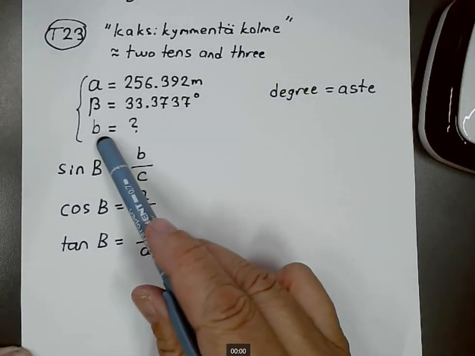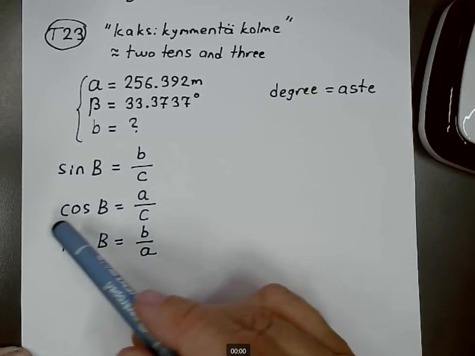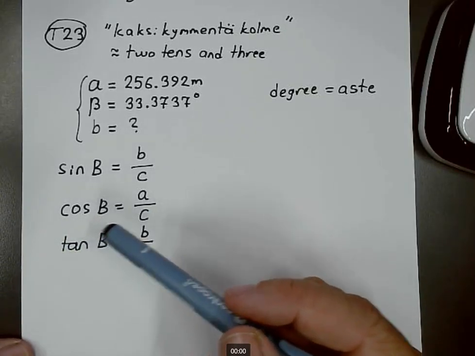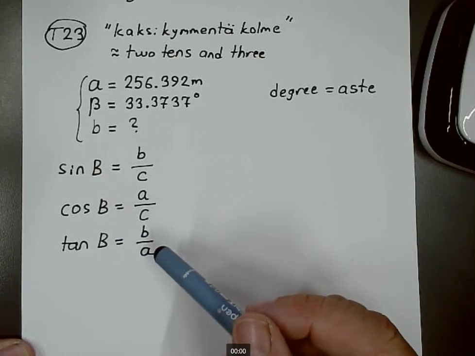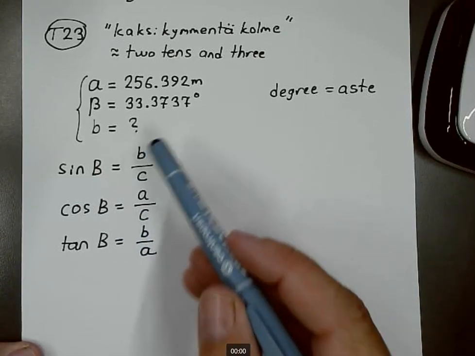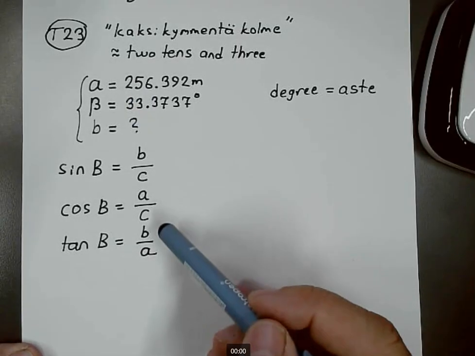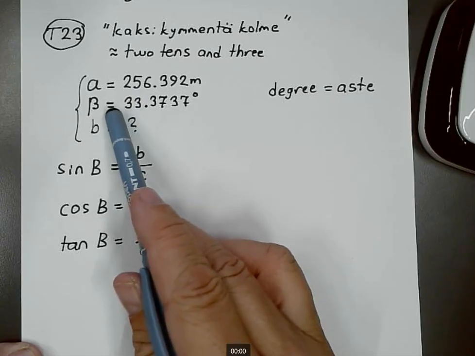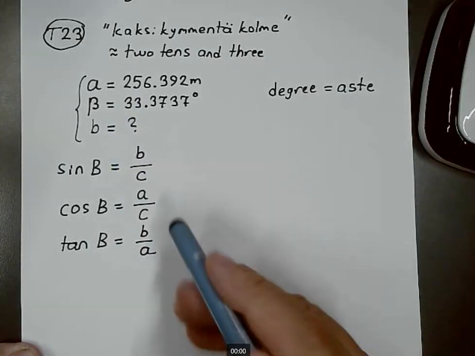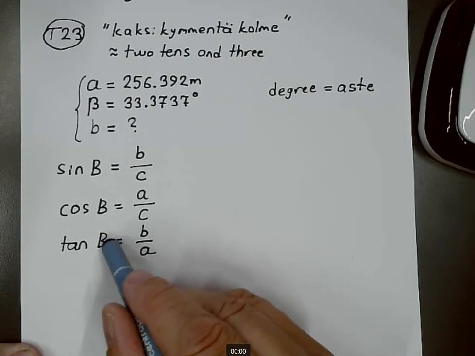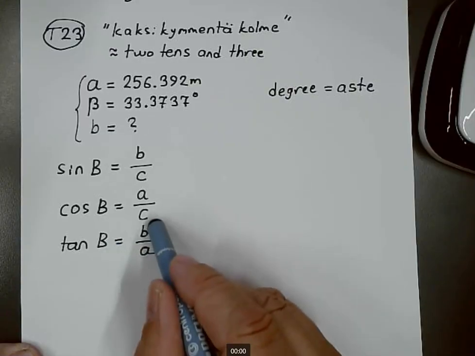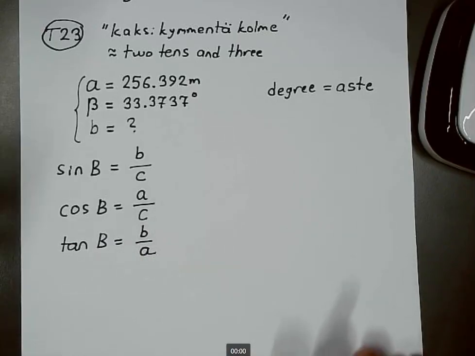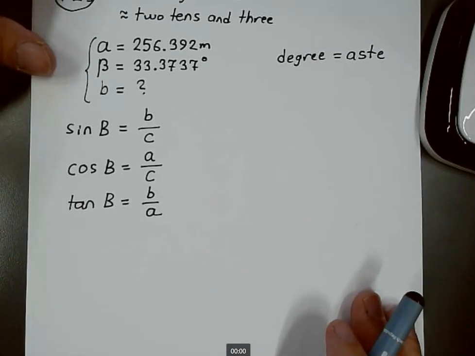But we needed to solve B. The next option is tangent, and I think that may be the correct one, because we know A and the angle B or beta, so we know this and we know this, and we have to calculate this. So this is the one that gives us the answer to the question.